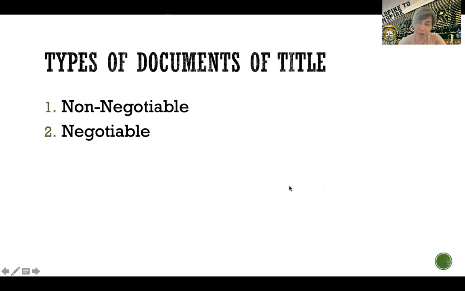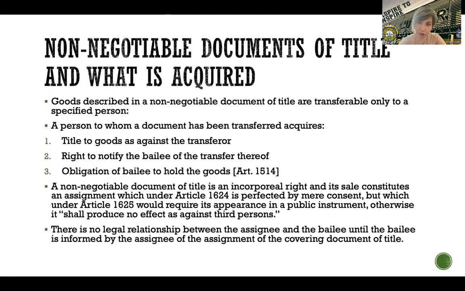So there are two types of documents of title. We have the non-negotiable documents of title and negotiable documents of title. In non-negotiable documents of title, it is transferable only to a specified person.